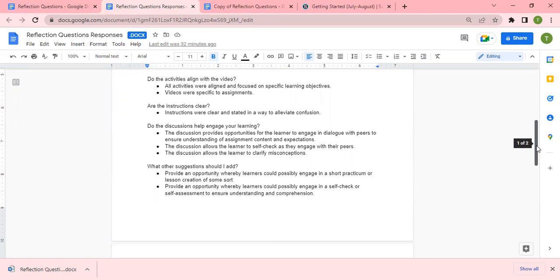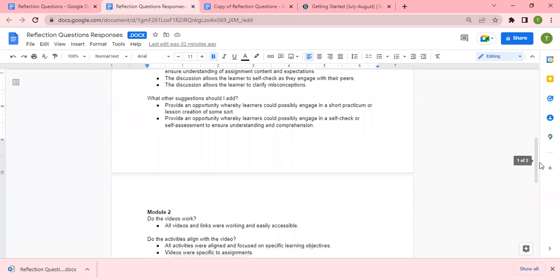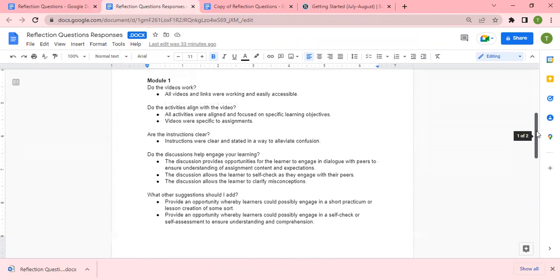Some of the suggestions that she would like to see in the modules are opportunities where the learners can engage in short practicums or lesson creations, and also a self-check or self-assessment to ensure understanding and comprehension of things that have been taught in each module.